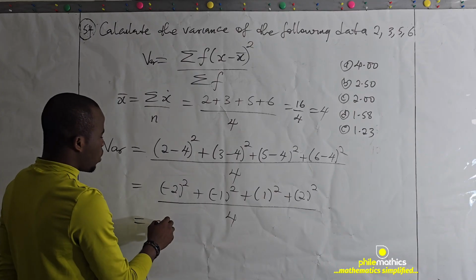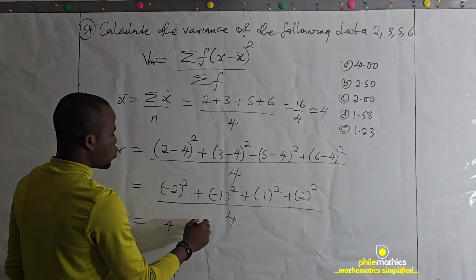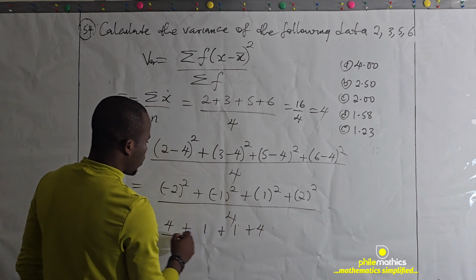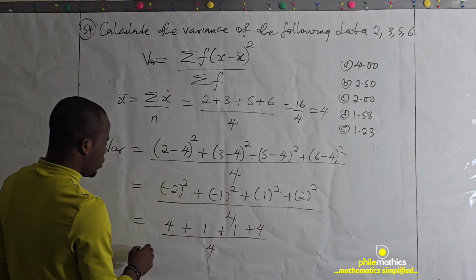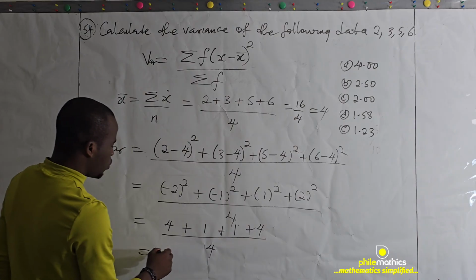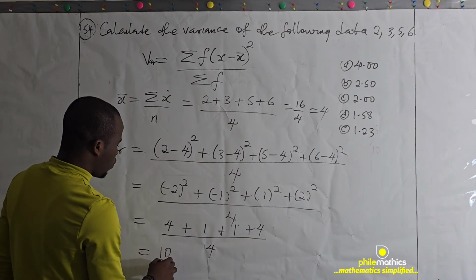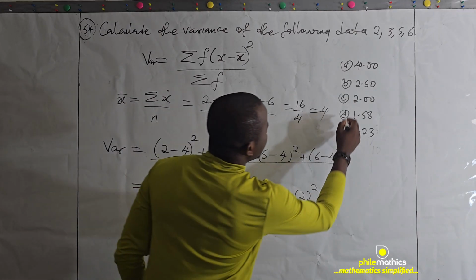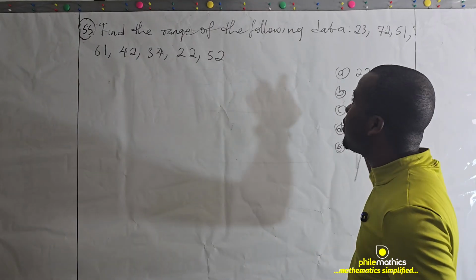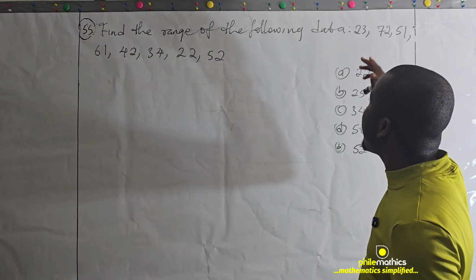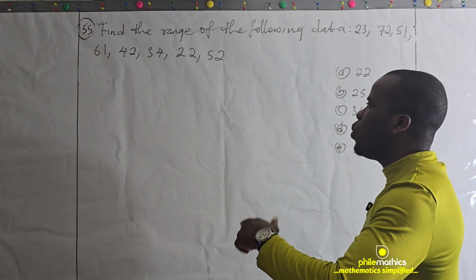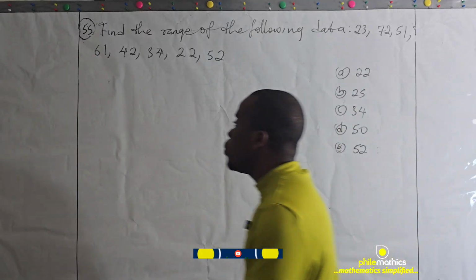And so minus 2 square is 4, minus 1 square is 1, 1 square is 1, 2 square is 4 over 4. 4 plus 4, 8 plus 2 is 10 over 4. And 2 here is 5 over 2, and this is 2.5. That's B.